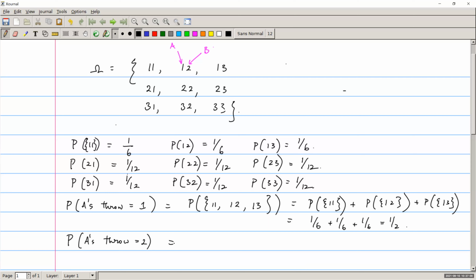You do it in exactly the same way, and I'm just going to write the final answer. It's 1/12 plus 1/12 plus 1/12 plus 1/12, which is 1/3. What's the probability A's throw is 3? It's the same story.